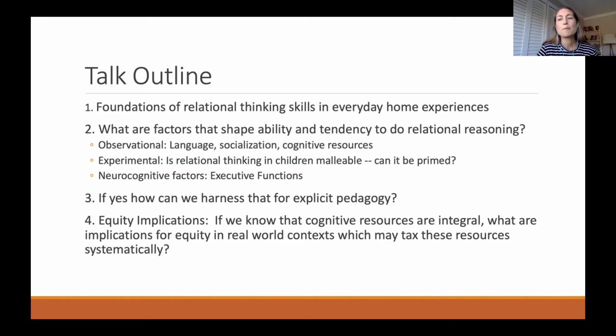And then if I have time, I want to bring in a little bit about equity and think about, if we know that cognitive resources are integral to this process, as well as the developmental landscape, what are the implications for real world contexts where, for example, executive function may be taxed systematically? We know that anxiety can tax executive function.